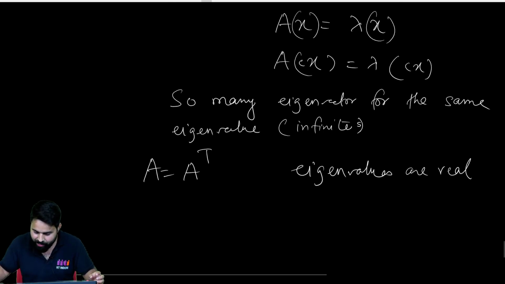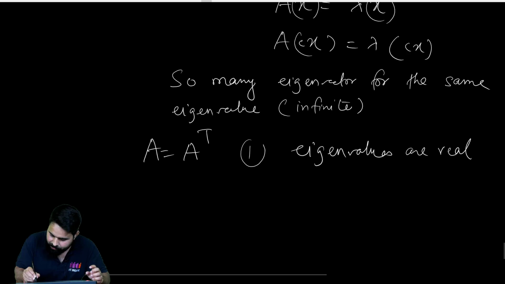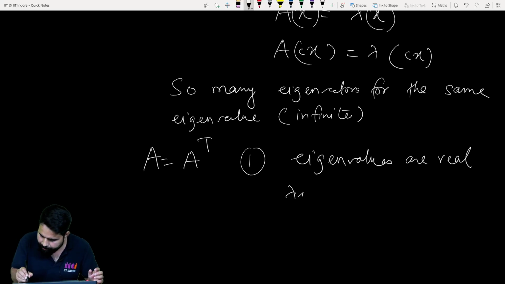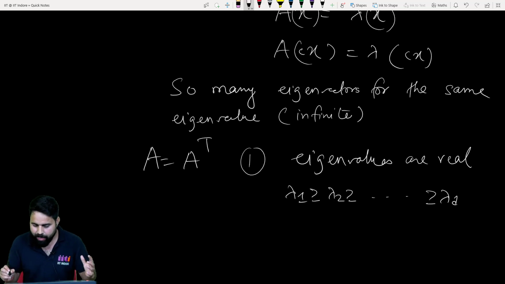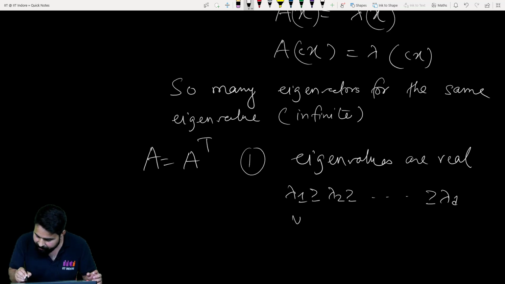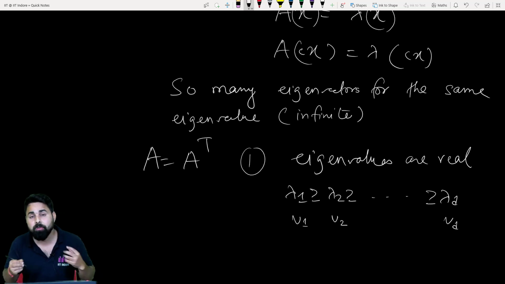Suppose the eigenvalues are lambda 1, lambda 2, up to lambda d, and let me arrange them in sorted order, so lambda 1 is the largest, then the second largest, and so on. Another beautiful fact is that there can always be d eigenvectors corresponding to these eigenvalues.